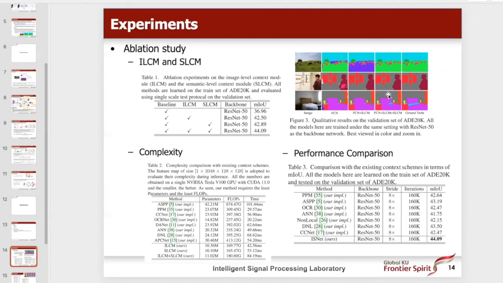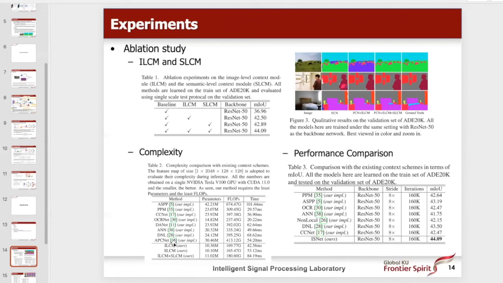When we use the semantic level context module, it can capture the fine-grained details, so it can distinguish this part which belongs to the picture in this region and segment it. And by using the image level module, we can see that the results have been improved.